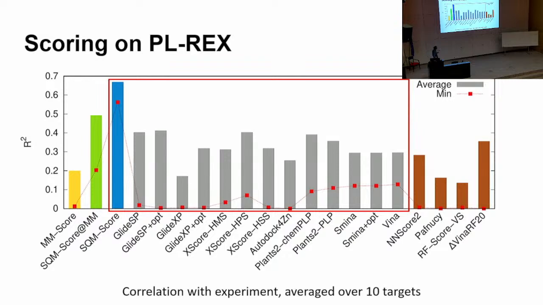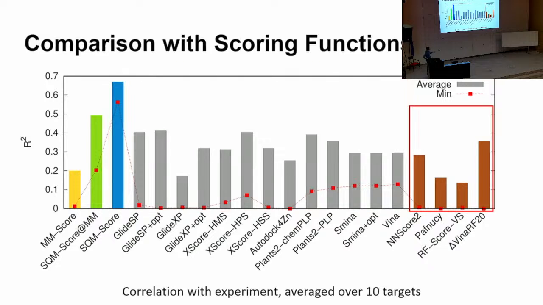And what is interesting to see is that this red dot means the worst case. And this is an average over 10 targets. So you can see with the standard scoring functions, there are always some targets where the scoring fails, whereas we have consistently high performance. In terms of the machine learning functions, which may not be the newest, they are appearing really quite fast, but we tried to pick good ones.